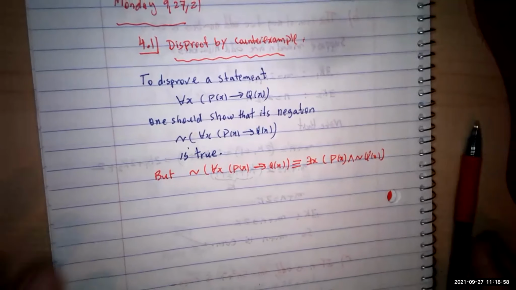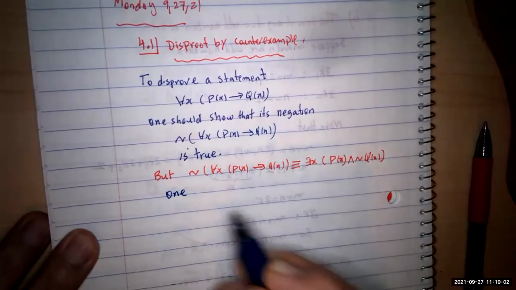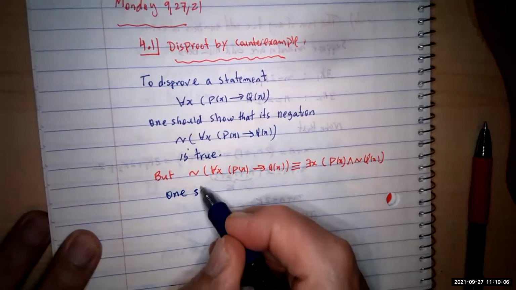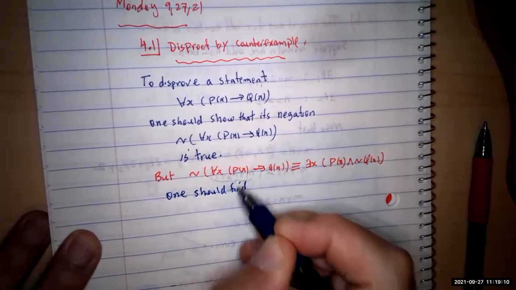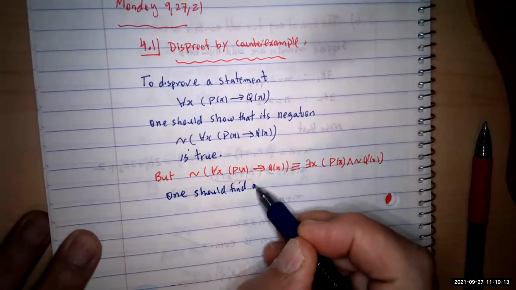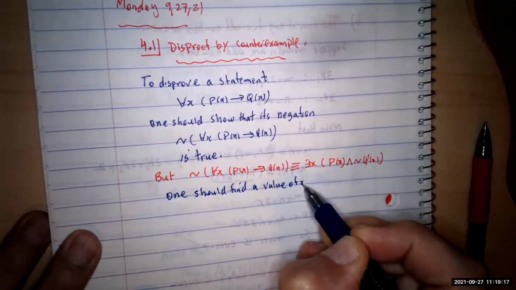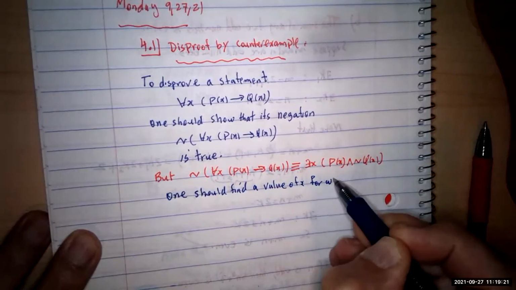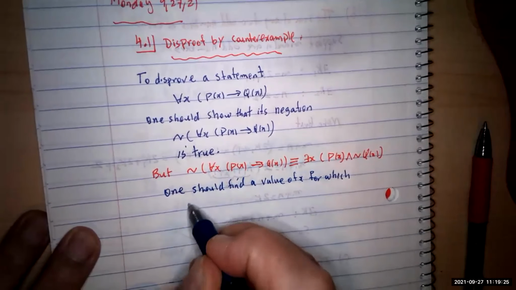That's the idea. Since there is some x, you have to find it. So one should find a specific value of x for which p(x) is true.